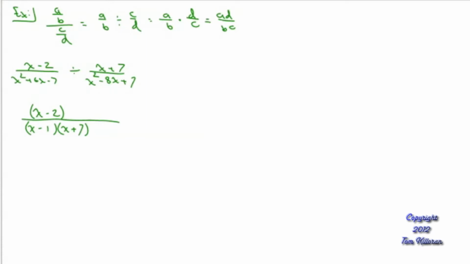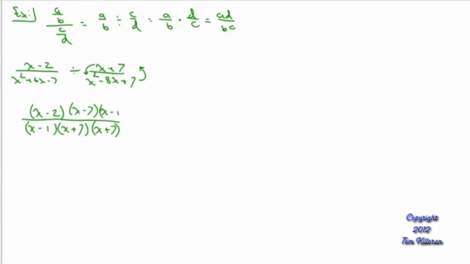We know they're going to be opposite signs because it's negative 7. Then the bottom is going to go to the top, and this piece is going to move down. So I'm going to put the x plus 7 in the bottom, and then factor the bottom one up here. Factors of 7 that add up to negative 8: negative 7 and negative 1, so x minus 7 and x minus 1.